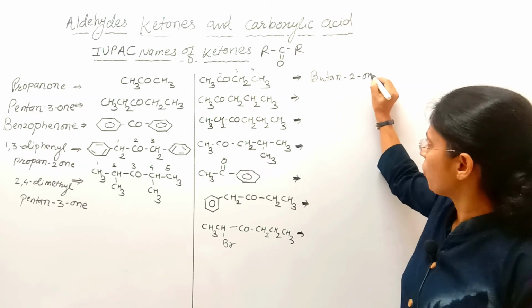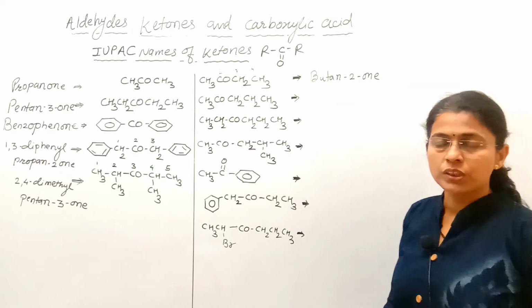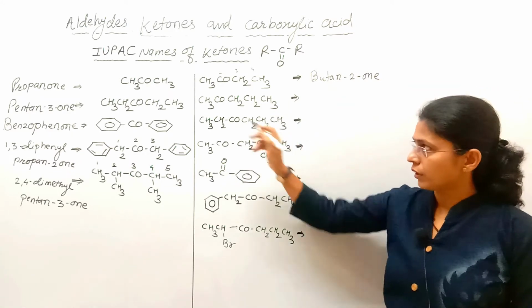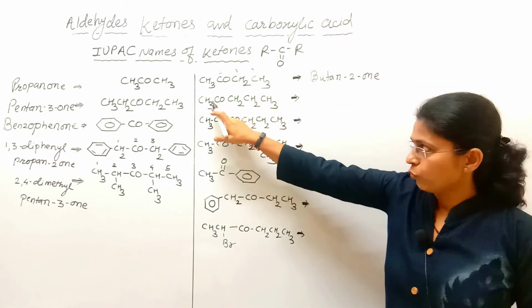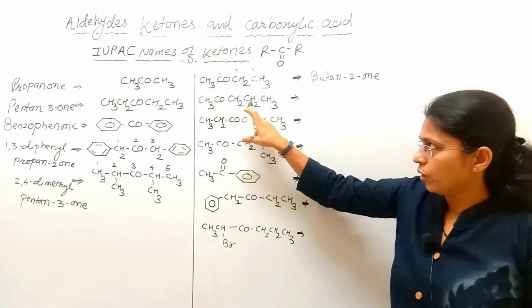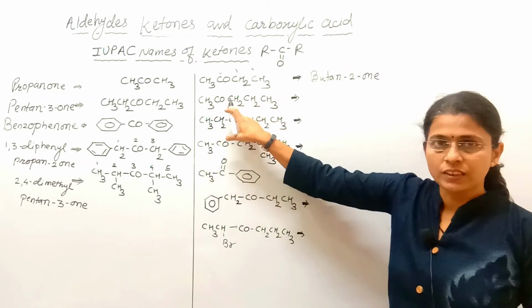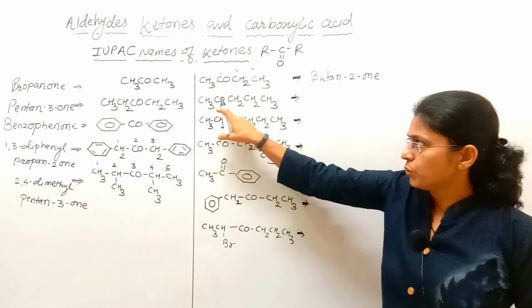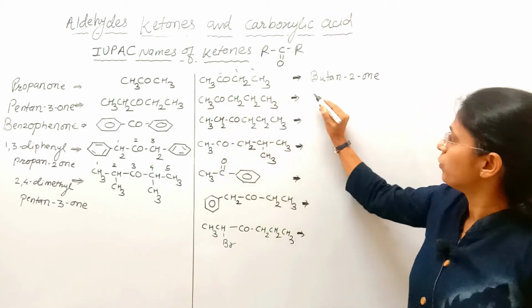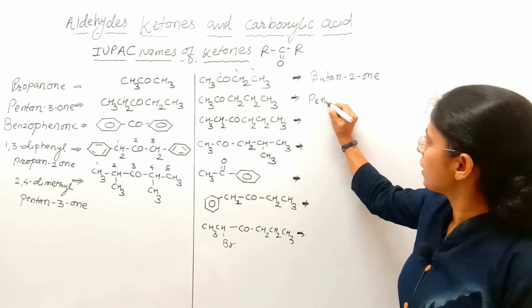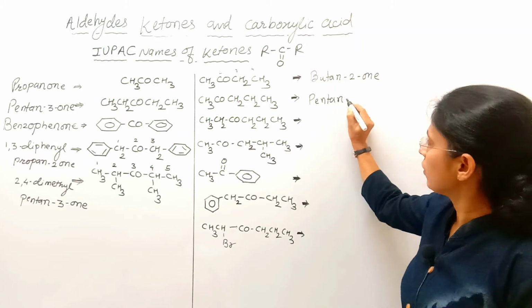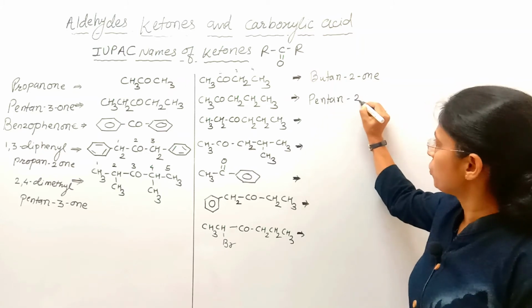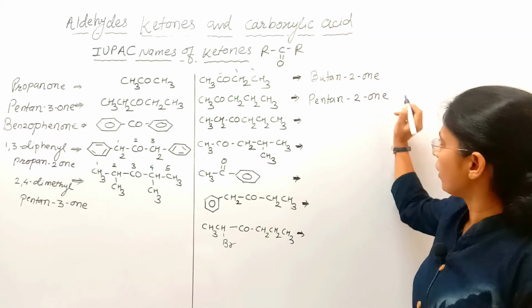Position 2 ONE. Butane 2 ONE. Look here. 1, 2, 3, 4, 5. From this side CO is close. So 1, 2, 3, 4, 5. Hence pentane, position 2 ONE.